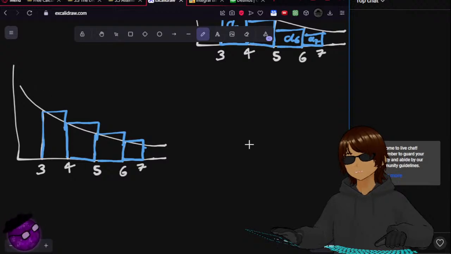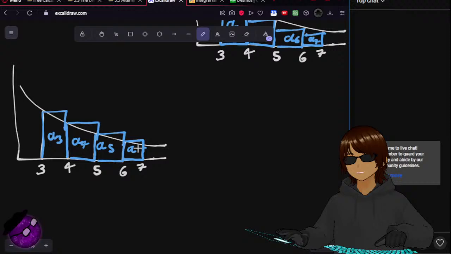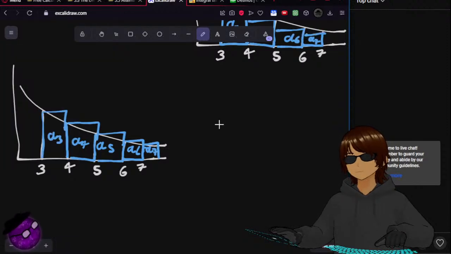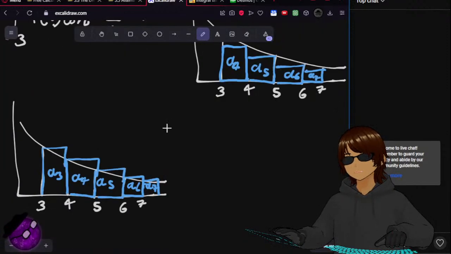So the area of this is A3 because it's 3 times 1, A3 times 1, A4, A5, A6. And then 8.